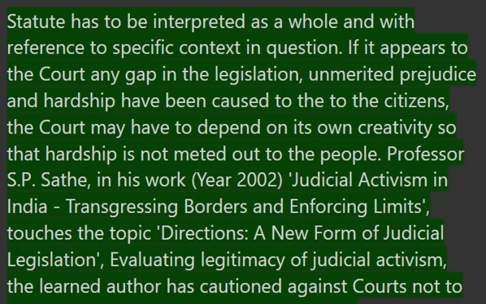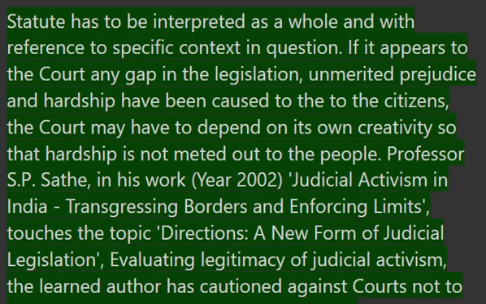Professor S.P. Sathe, in his work, year 2002, Judicial Activism in India, Transgressing Borders and Enforcing Limits, touches the topic, Directions, a new form of judicial legislation, evaluating legitimacy of judicial activism.